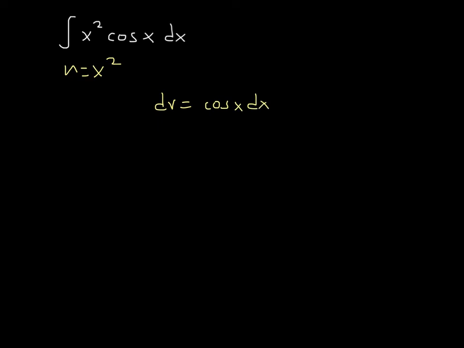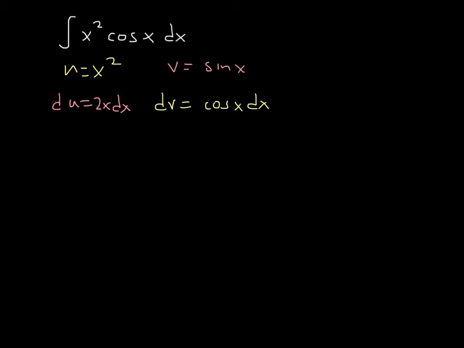And so, identifying at that point, we know that du is going to be 2x dx, and v is the antiderivative of cosine, which will be sine x there.